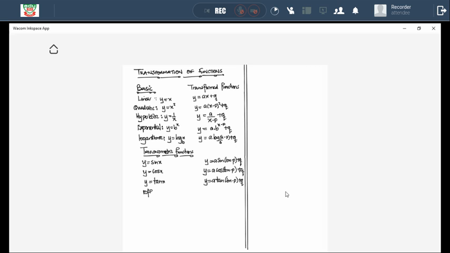Okay, effects of parameters, effects of these parameters on functions in their graphs.